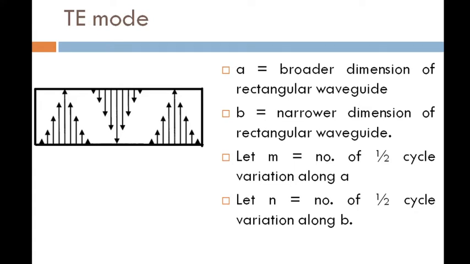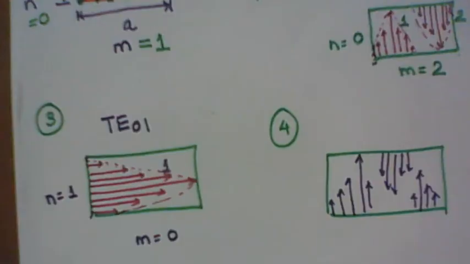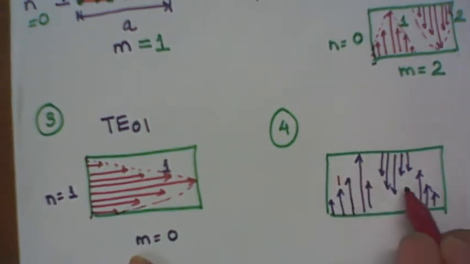So what you are looking here is that there is half cycle variation along the broader dimension. How many half cycles do we have? We are having first half cycle, second half cycle, and third half cycle.